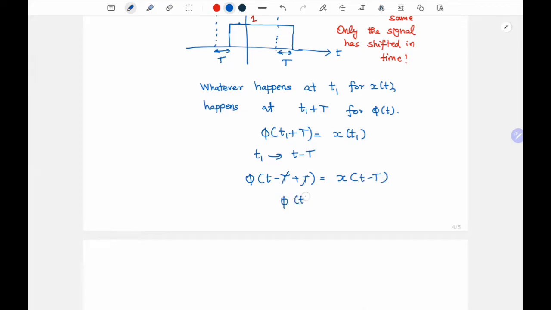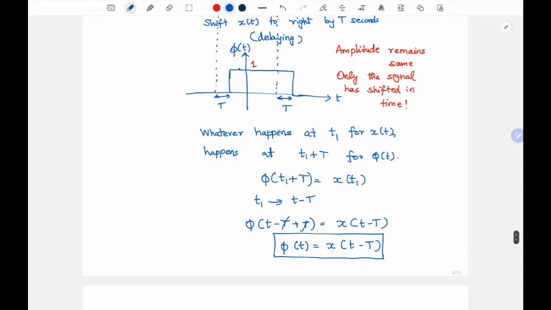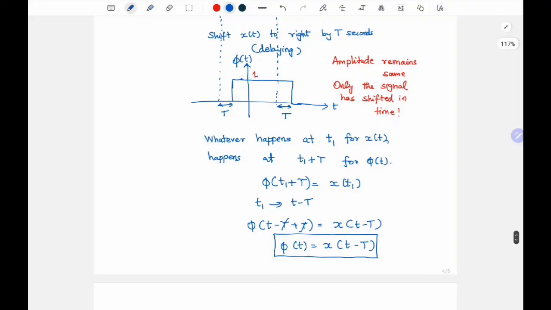So I have phi of t equal to x of t minus capital T. By shifting x of t to the right by capital T units, I got a new signal phi of t, and mathematically I just have x of small t minus that capital T, however much shift has happened. So this is for shifting to the right.